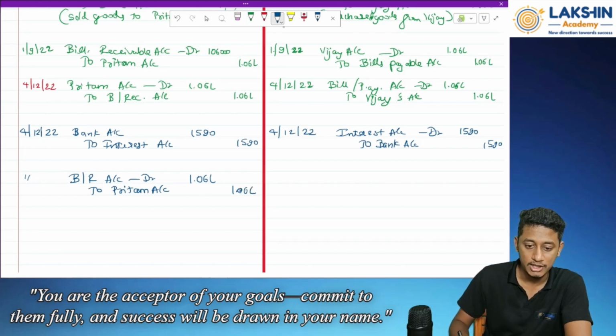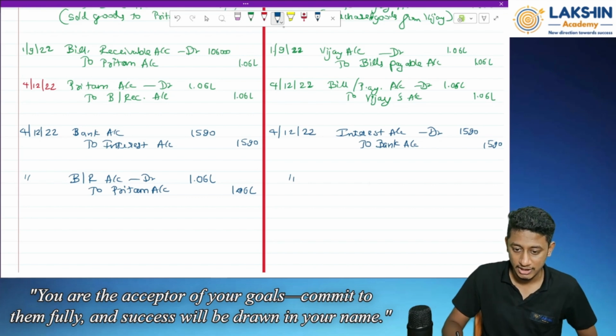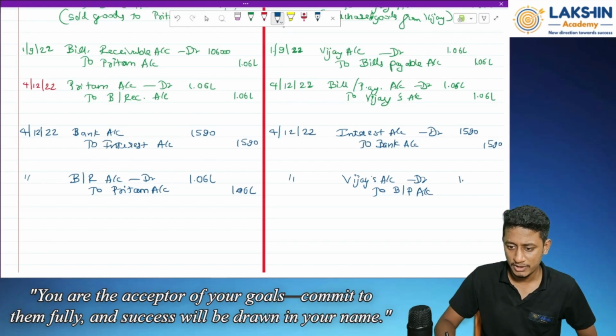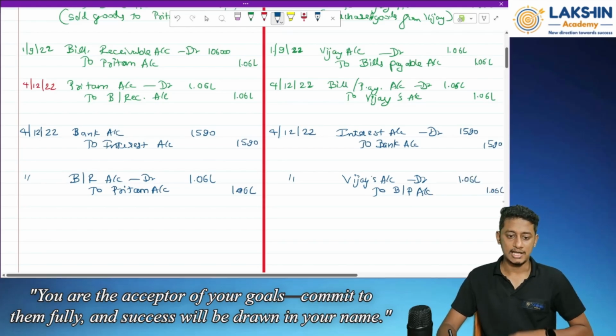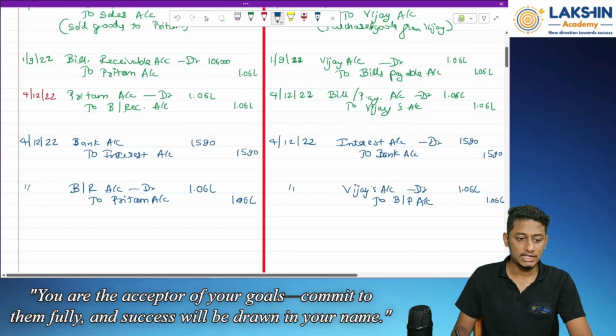Over here, on the same date, bills payable will be created. So the entry will be what? Vijay's account debited, to bills payable account, for rupees 1.06 lakhs. Same. Okay. Clear with this?